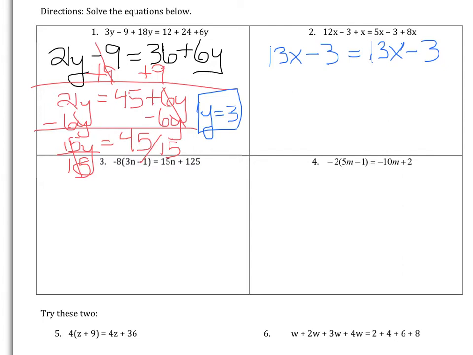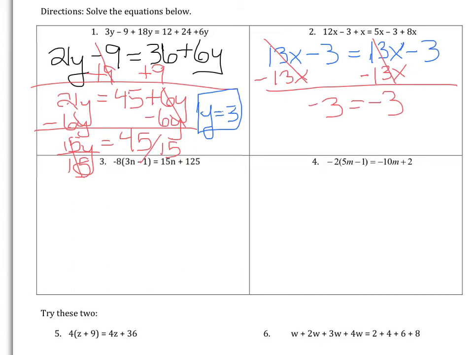I'm going to choose to subtract the 13x. So I end up getting 13x minus 13x is 0. I can just cross it off. I am left with negative 3 on the left hand side and negative 3 on the right hand side.